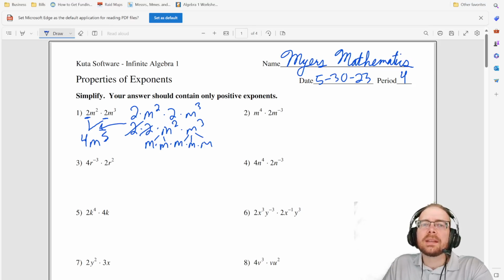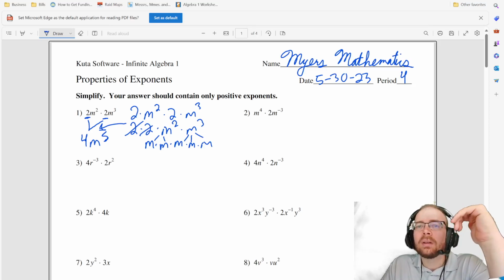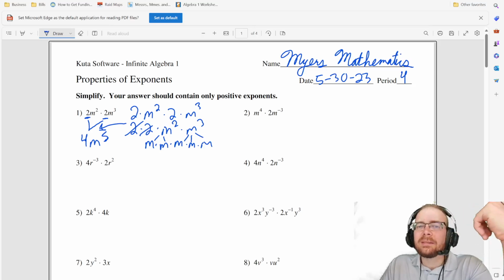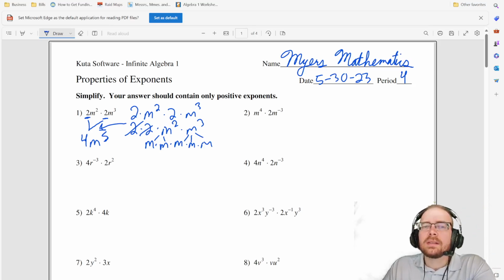So if you're timesing letters, they have to be the same letter. It can't be different letters, like it can't be m and then n. Then you wouldn't add the exponents at that point. But if they are the same letter, if the base of the exponent is the same letter, m and m, or like on number 3, r and r, as long as that happens, then when you're timesing, you add the powers instead, and you keep the base the same.